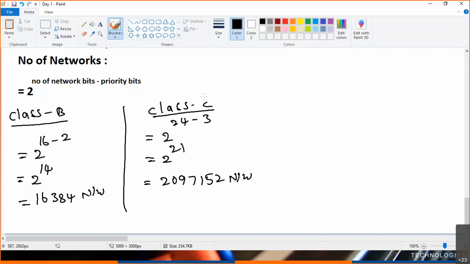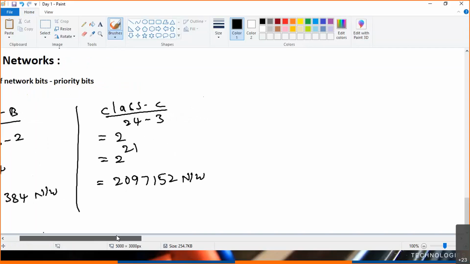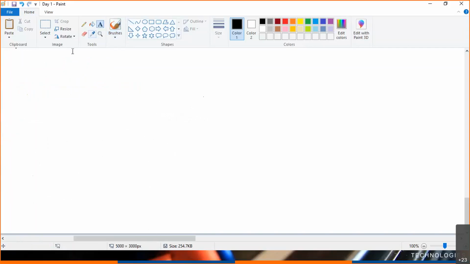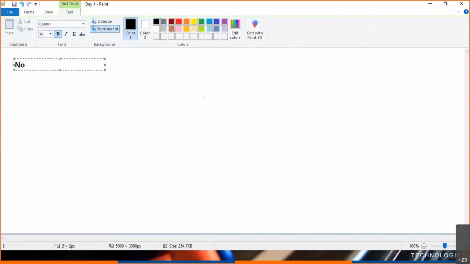Okay. Now let me continue with the number of hosts. How many hosts are available? Same as with networks, it is 2 power number of host bits.